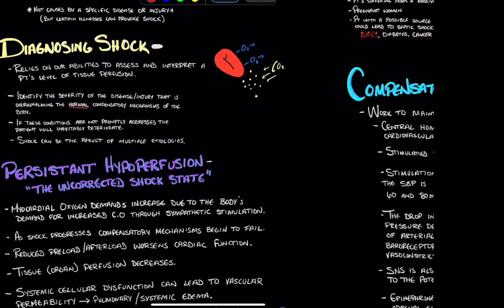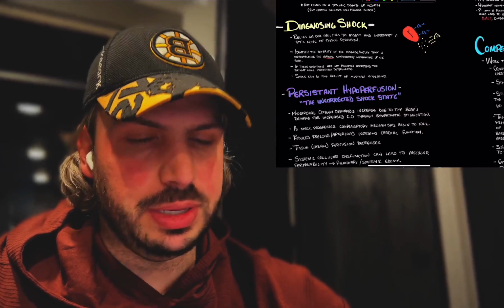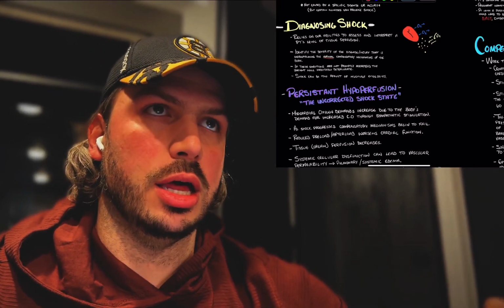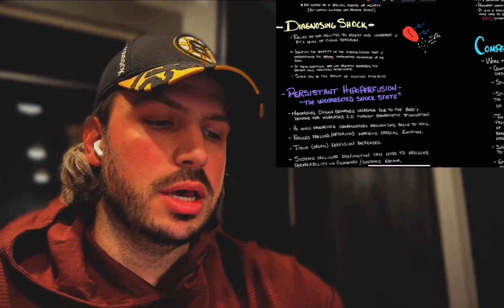So at this point the slideshow begins to talk about different mechanisms of shock. It goes through cardiogenic shock, hypovolemic shock, neurogenic shock. What I'm going to do is finish talking about the actual pathology behind shock states, what's the main problem with shock and why it affects the body the way it does.